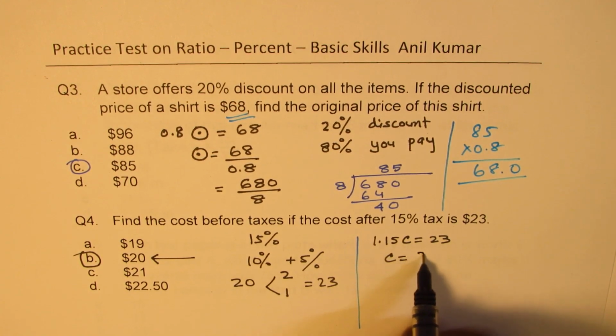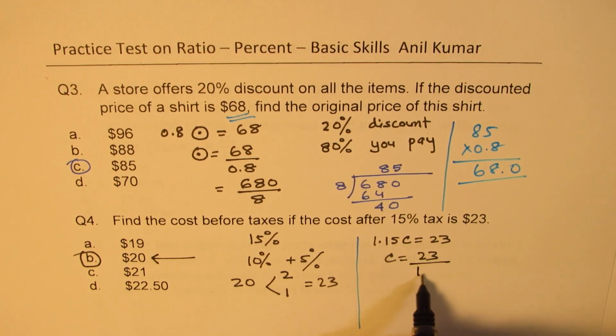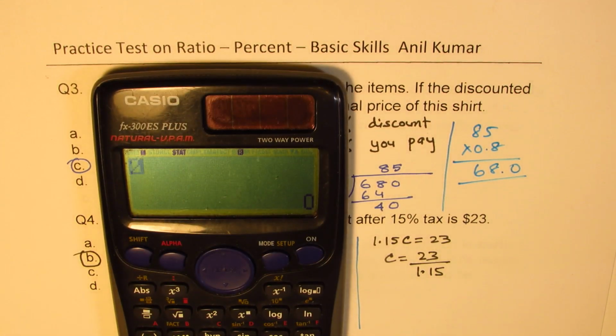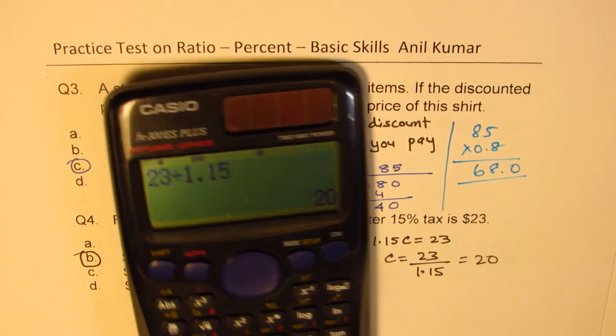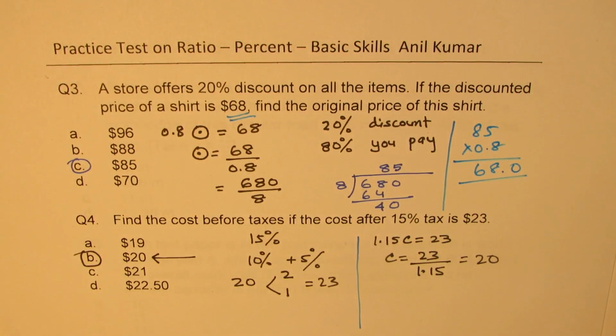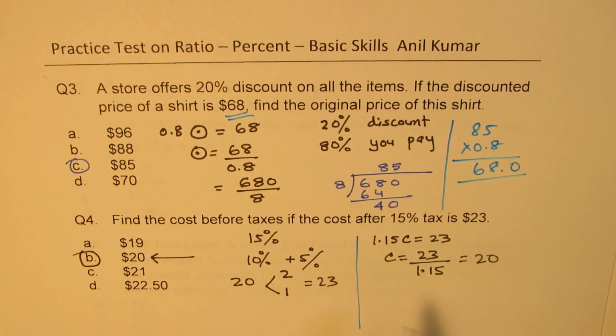So C is 23 divided by 1.15. Most probably the calculator will be allowed for this. So 23 divided by 1.15 should give you the answer, which is 20, correct? Otherwise do the division. But I think this is a better approach.